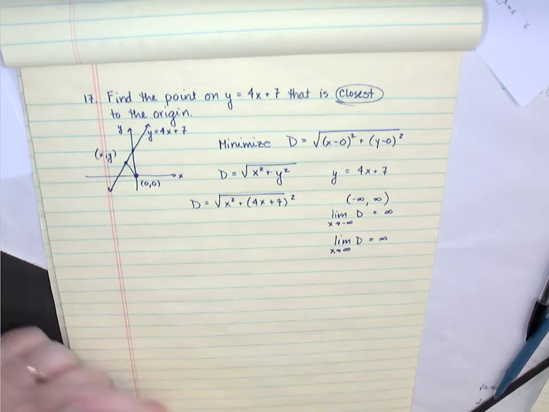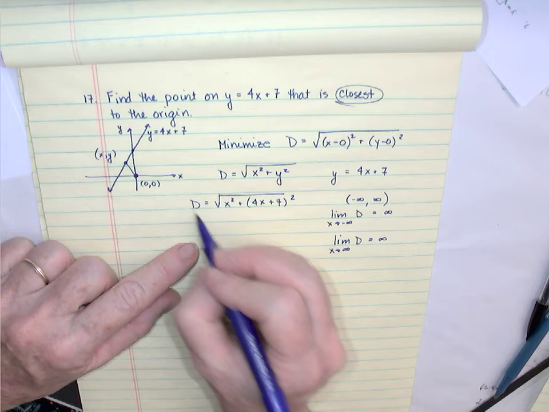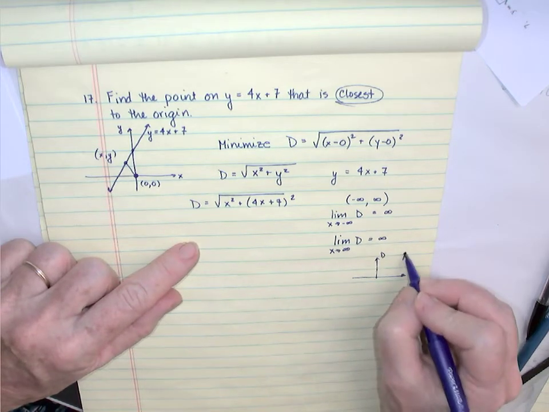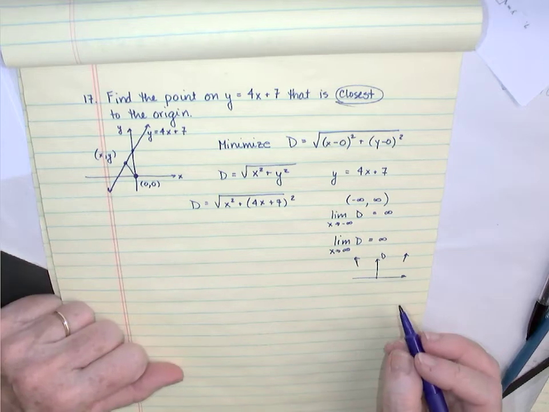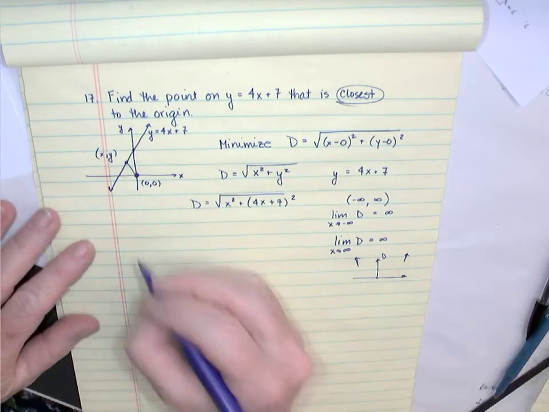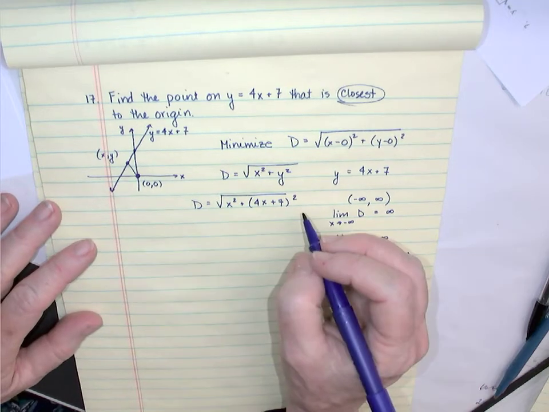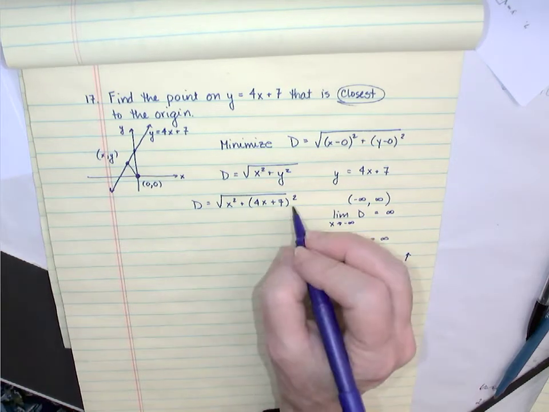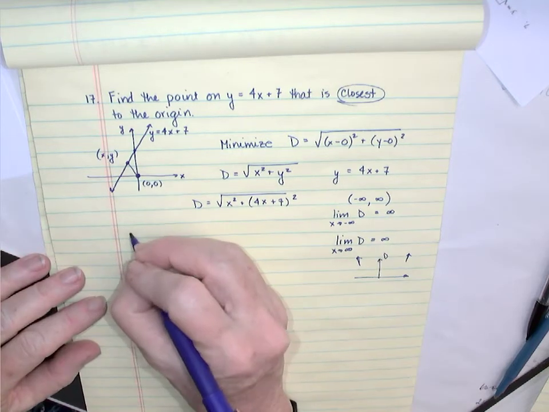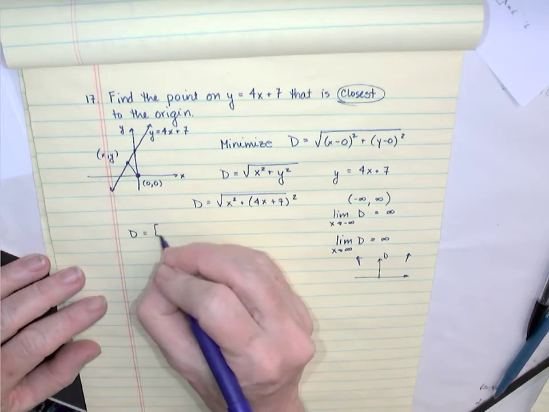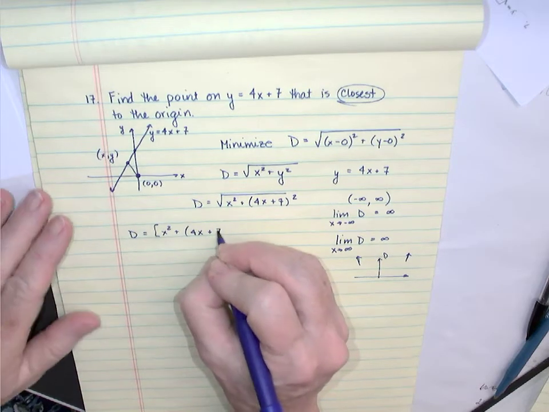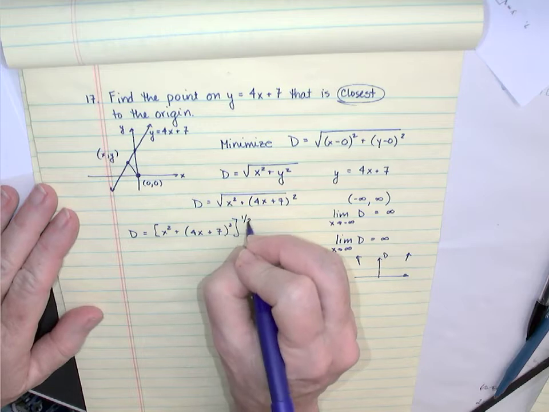So if we imagine what the graph looks like, on either end it's going to positive infinity. Let's see what sort of critical values we have. I'll work this out a little bit and take the derivative. I'm going to write this as (x squared plus (4x plus 7) squared) to the 1/2.